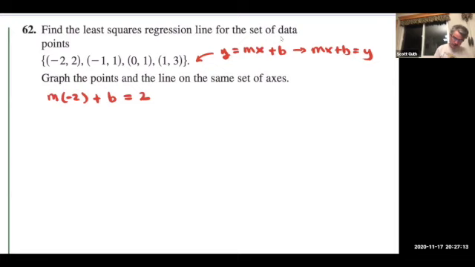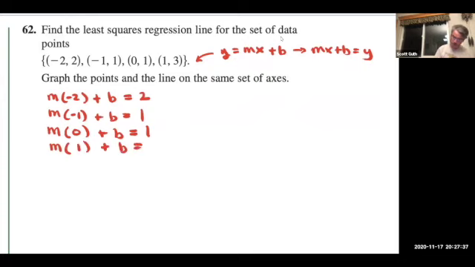Then the second point, mx, which is negative 1, plus b equals y, which is 1. Third point, mx, which is now 0, plus b is y, which is 1. And then the fourth point, mx, which now is 1, plus b equals y, which is 3.